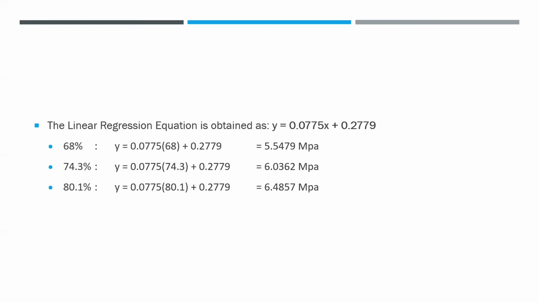So for 68 substituted in the equation, you get the tensile strength of 5.5479 megapascal, and for 74.3%, you get the tensile strength of 6.0362 megapascal, and lastly for 81.1%, you get the tensile strength of 6.4857 megapascal. Okay, that's all.